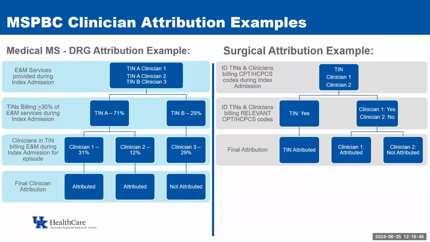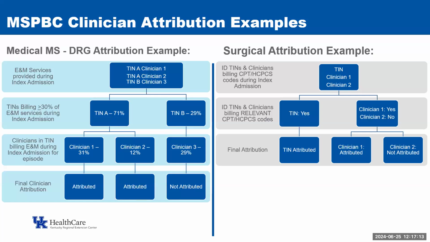In organization B, you have 1 clinician. If we dive down into that second line for TIN A, they have billed 71% of the total charges related to that patient's care. Clinician 1 billed 31%, whereas clinician 2 billed 12%. So those clinicians would be attributed under that tax ID.